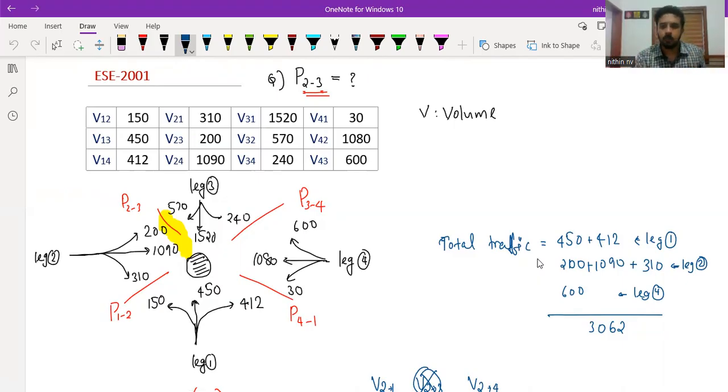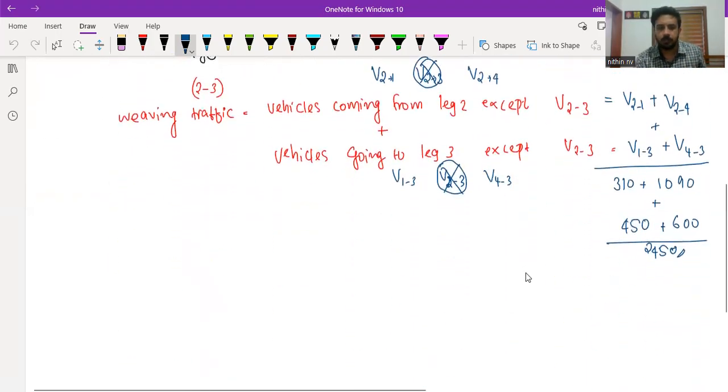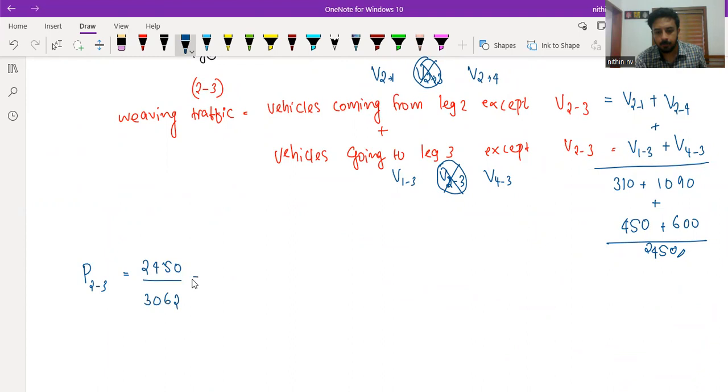So we got both the values, the weaving traffic and the total traffic. Now easily we can calculate the weaving ratio between legs 2 and 3. That is going to be 2450 divided by 3062. That's going to be 0.8. Understood, guys? I hope it is clear.